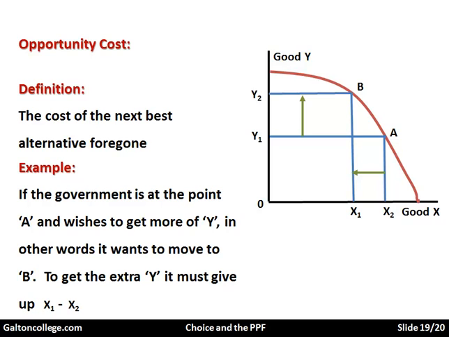So more of Y has cost X. And the amount of X we have to give up is x2 minus x1. So we give up that much X to get the extra Y, y2 minus y1. And that's what we mean by opportunity cost.